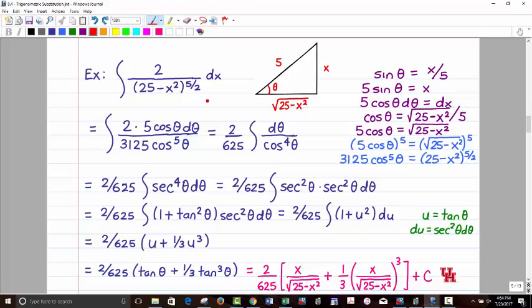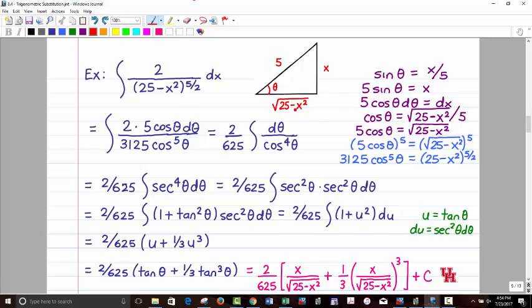I mentioned earlier, but I'll mention again, you cannot put 25 minus x squared to the 5/2 power on your triangle. That is not what we do. The only thing that can go on a triangle is a square root. Then when we convert to trig functions, we can raise it to the appropriate power to get 5/2. So look, I put the square root.